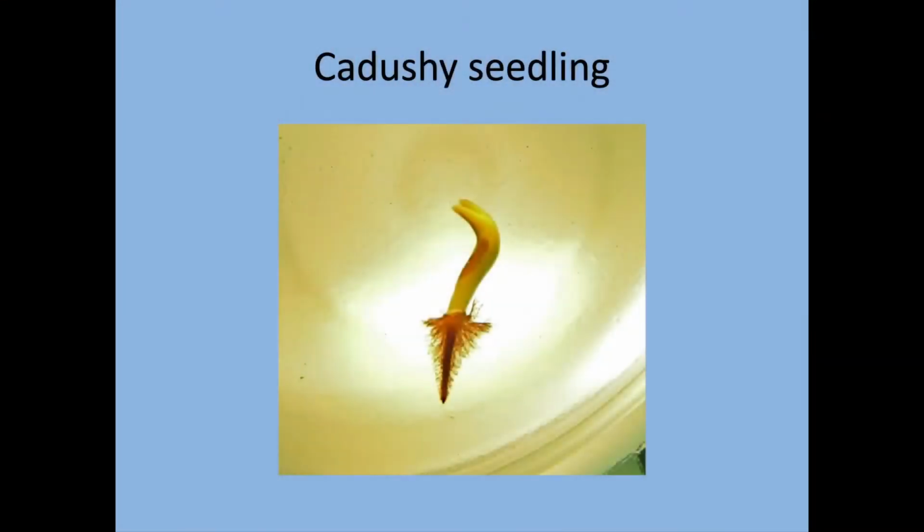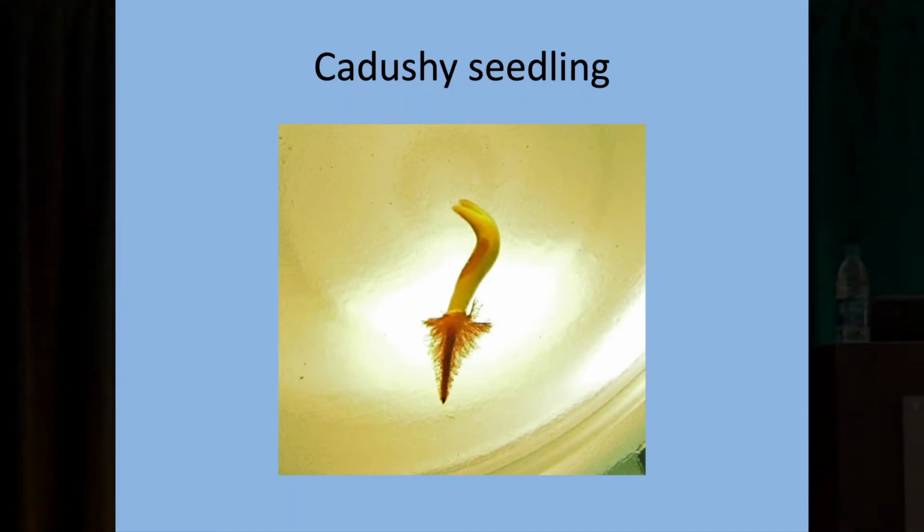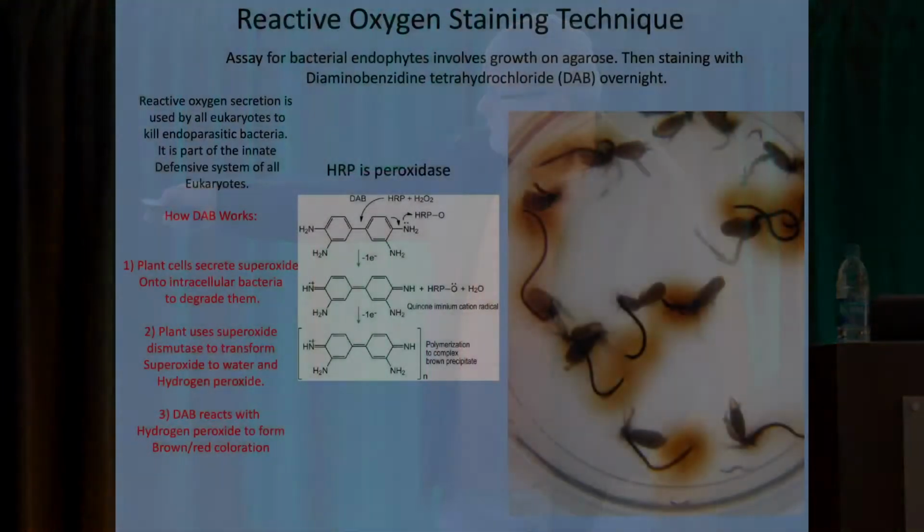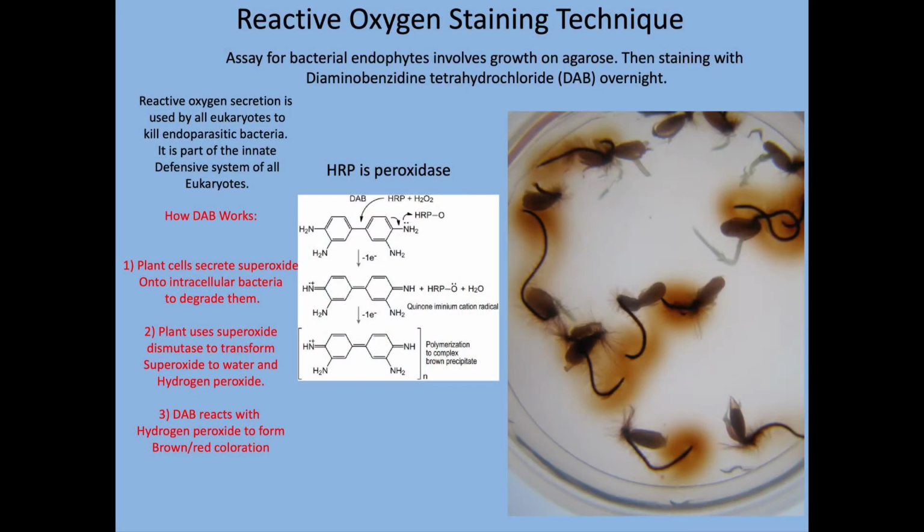You get a seedling that looks like this, and this is actually stained for reactive oxygen. This is stained, and you can see this orange root. Okay, so it's turning orange because of bacteria that are inside the plant. And what we do is we'll use this, I call it reactive oxygen staining, but it's a chemical that will turn brown if there's reactive oxygen.